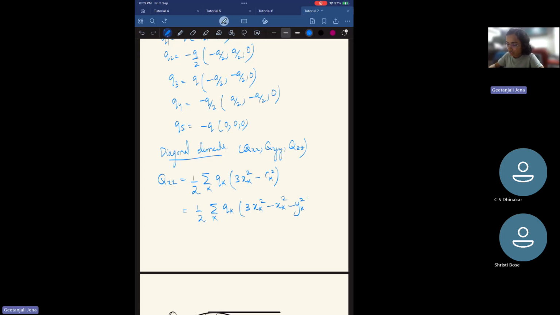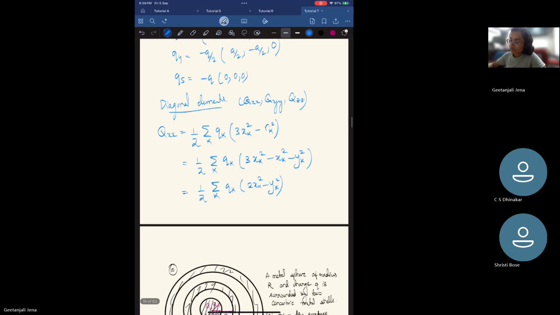Because it's a 2D plane, the z component is 0, so that is why I have taken only the x and y parts. Now the simplification will give half q_k (2 x_k squared minus y_k squared).